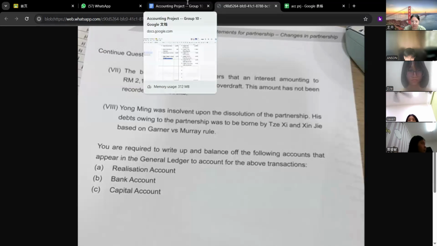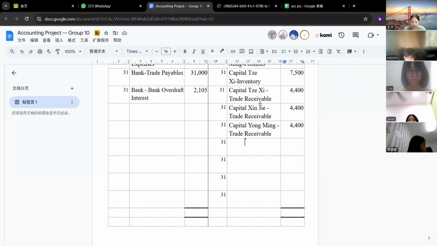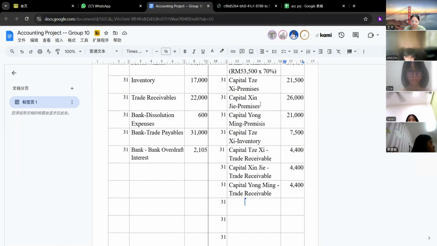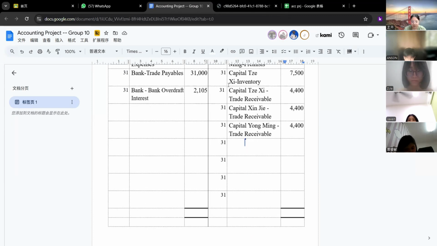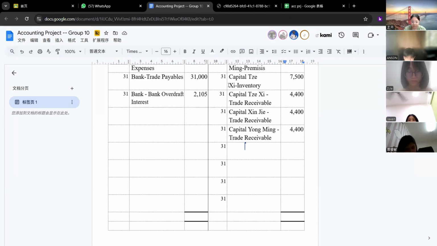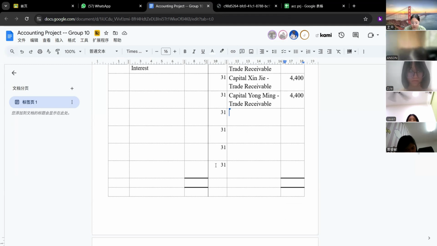So first of all, we go back to our account. We should close the account on the realization account. Firstly, we can see that the debit side is all of the expenses and the credit side is all income. So as we can see, the debit side is more than our credit side.